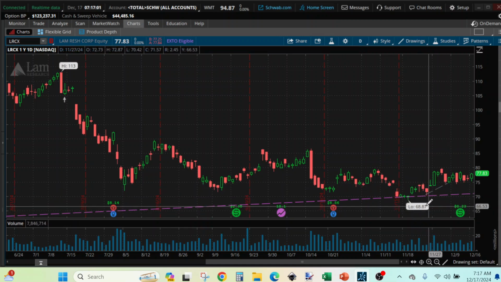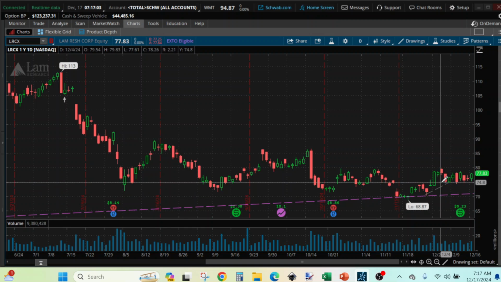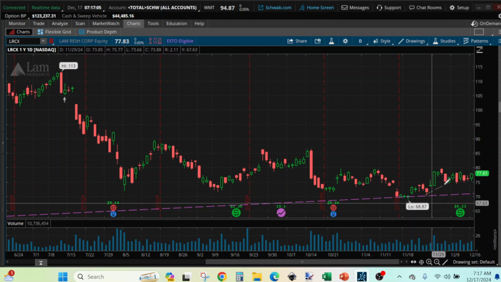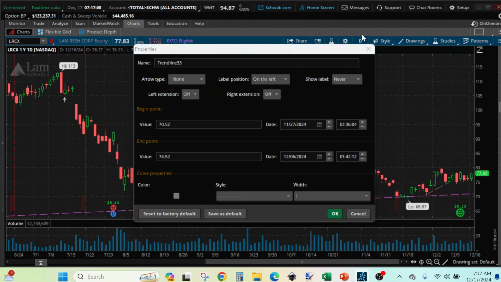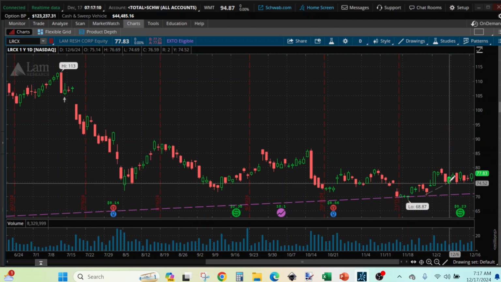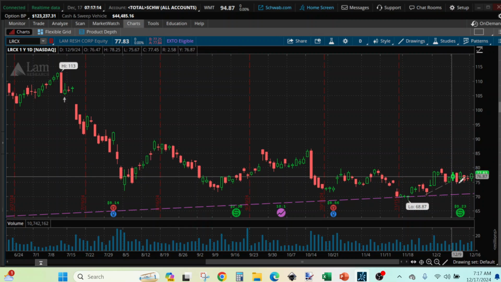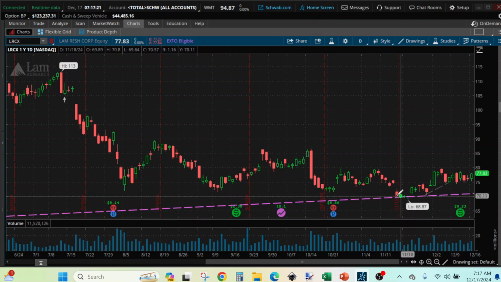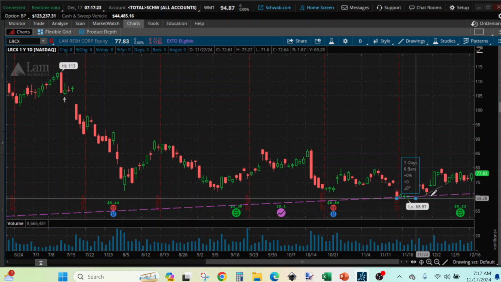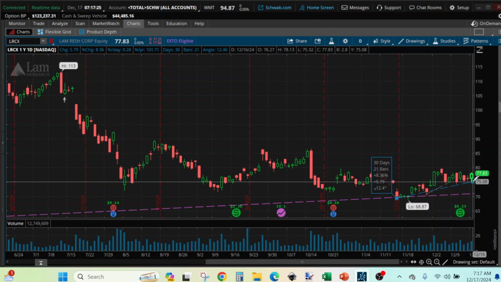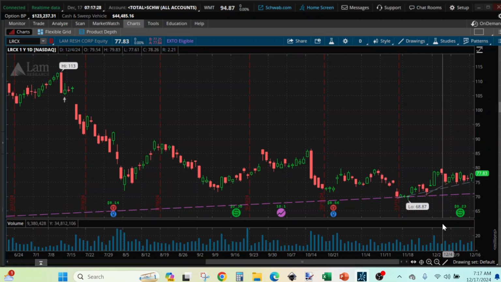You see the shape of the line, it is kind of oblique upward, therefore we have the confirmation, and we could have entered at that green bar if we chose to, but we can still see that it's still lingering here. So if we want to buy more, we could still buy it, but let me see if I trace it from here. Since we are seeing it right now, we can still trace a relatively longer one and still have up. You can see the uptrend feel to it.